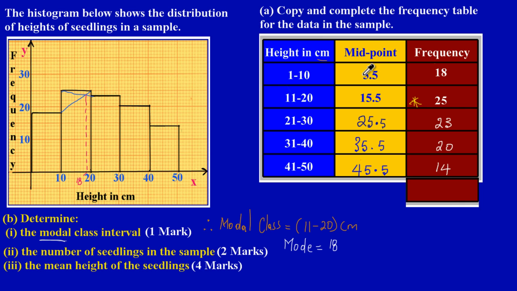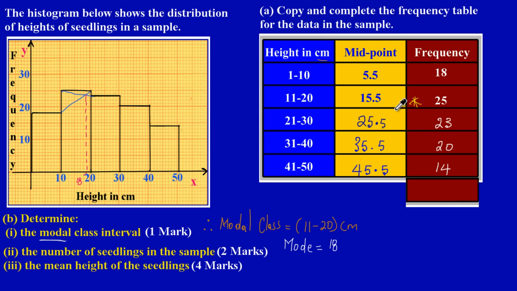I am assuming that in the first class, each seedling has an average height of 5.5 centimeters, okay? And 18 of those seedlings have that average height. Now, in my second class, I am saying that my average height is 15.5. I am assuming that each seedling in that class has an average height of 15.5, and so on and so forth.